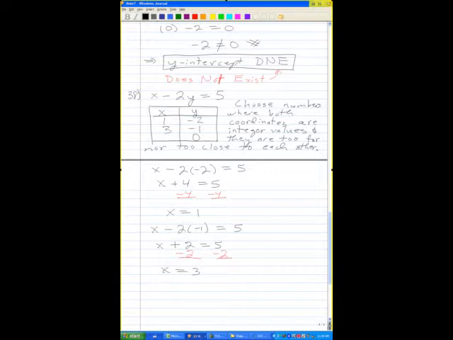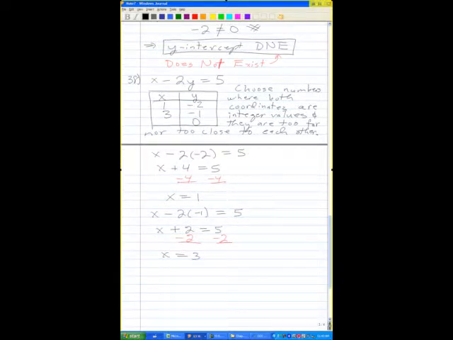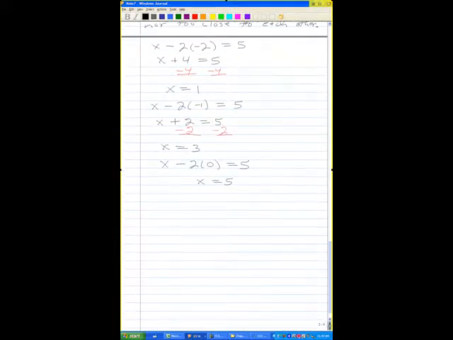So (3, -1) is also a point on the line. And lastly, let's do y equals 0. So that's actually an x-intercept. x minus 2 times 0 is equal to 5. So x is equal to 5. And so now let's graph this.